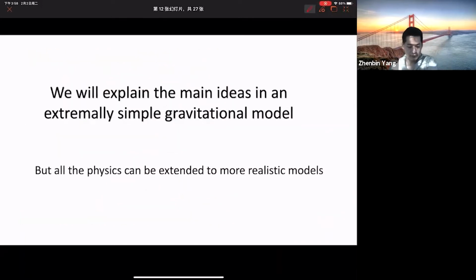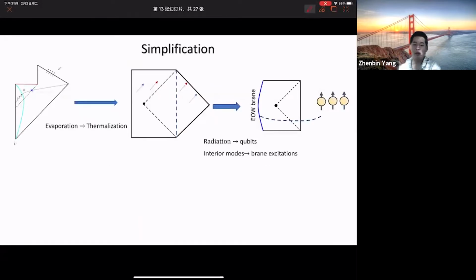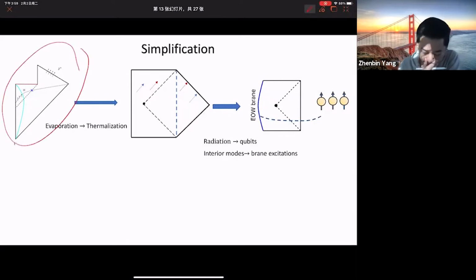First, let me explain the main ideas in an extremely simplified gravitational model, but it can be extended to more realistic models. This is the end-of-the-world brane model, where you simplify the evaporation process to a thermalization process.